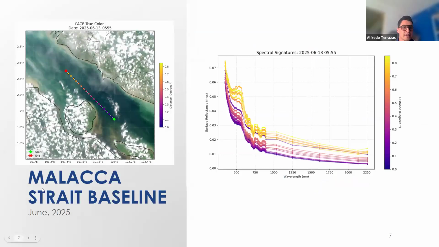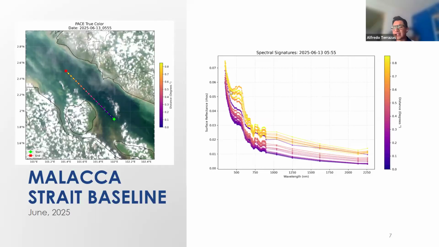This is the Malacca Strait during an oil spill in June of 2025. We also found in the literature that for some slicks, the spectrum peaks between 500 and 580. A lot of the spectra that we analyzed had this.